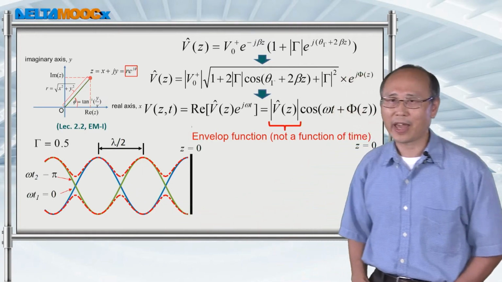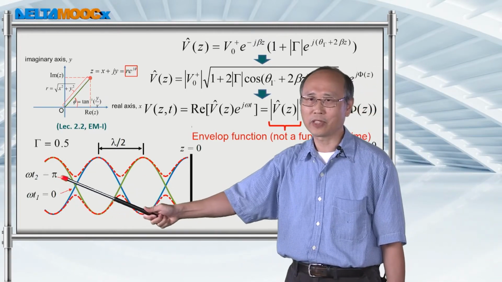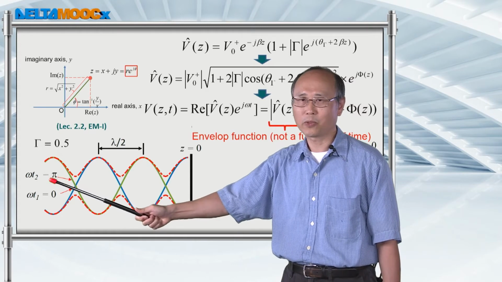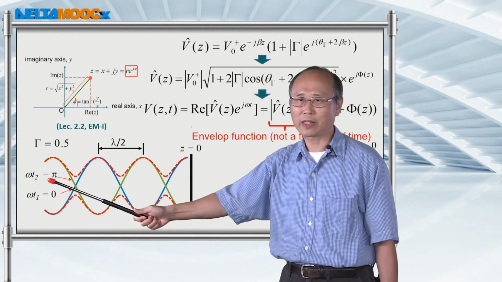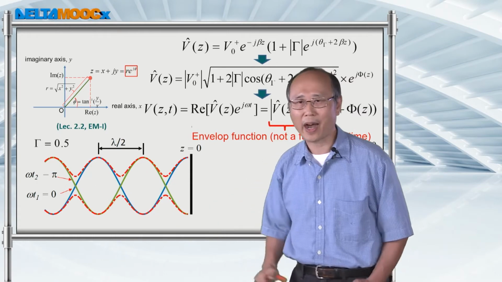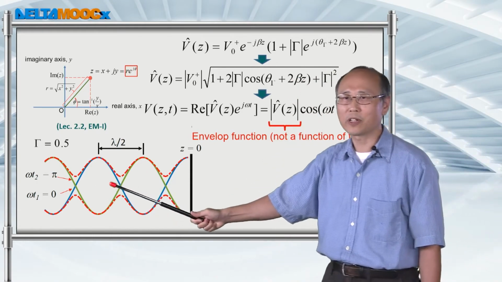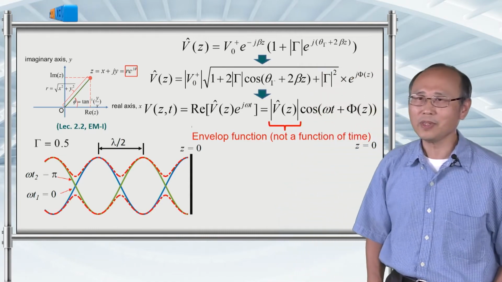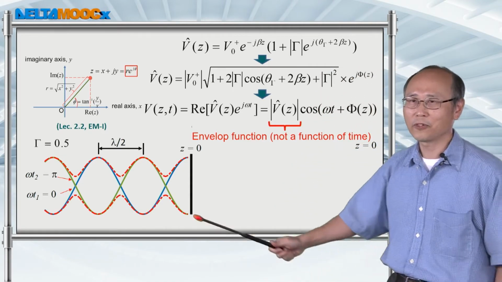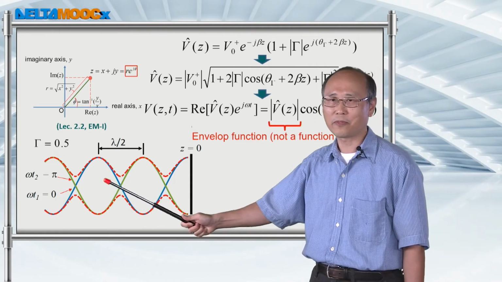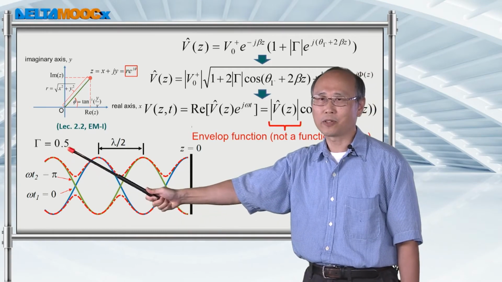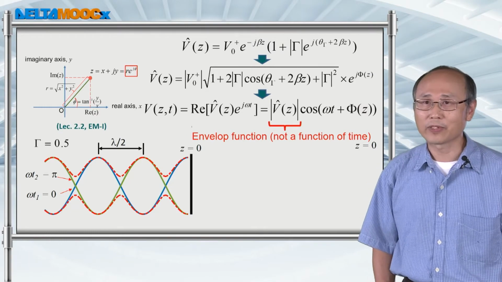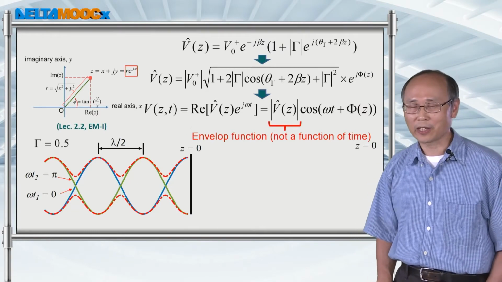They are plotted at different time points. The green curve was plotted with omega t equal to pi, and the blue curve was plotted at a different time. For this particular figure, I use gamma equal to 0.5. That means that 50% of the voltage signal is reflected.